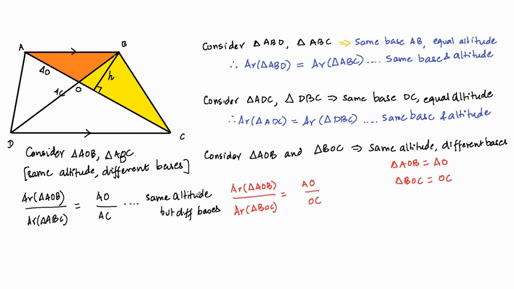So you will notice that in this particular trapezium there are so many different combinations of triangles, and you can use all the theorems that we learned today to apply in these small triangles, right? So let us take some more combinations now, and let's figure out some more ratio of areas in the same trapezium.